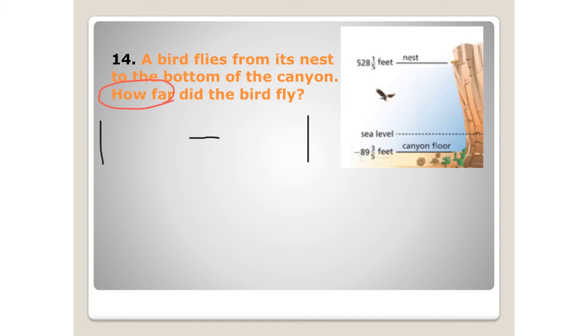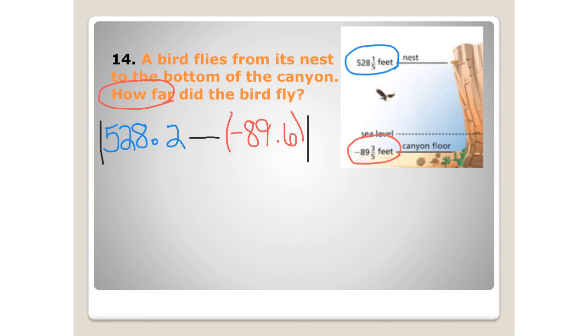Our first number is 528 1/5. You know what? That is equivalent to 528.2. Our second number is negative 89 3/5. That is equivalent to negative 89.6.